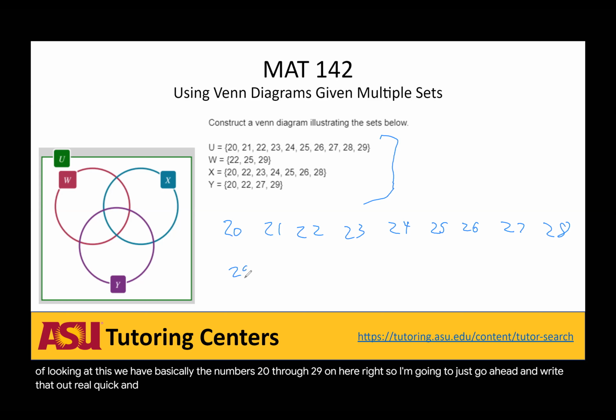And 29. What I usually do is indicate below the numbers or next to the numbers which sets this number appears in.